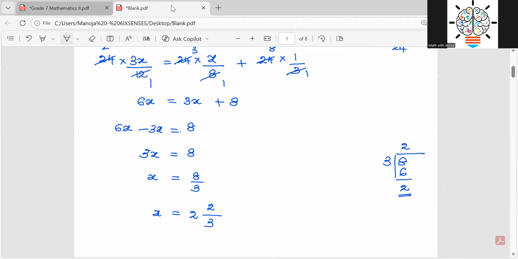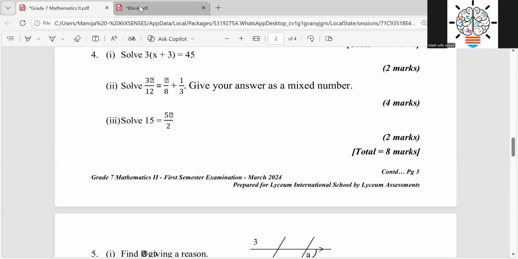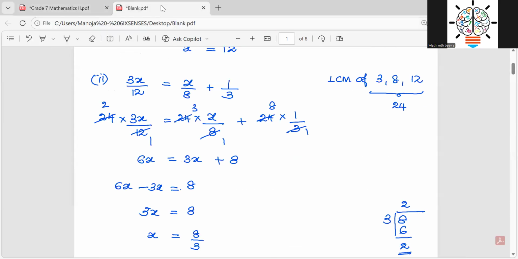Okay. Then I want to double check before moving on. 3x over 12 and x over 8, 1 over 3, and 12 times 2, 8 times 3, 3 times 8. Correct.